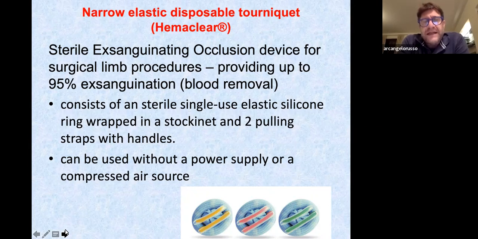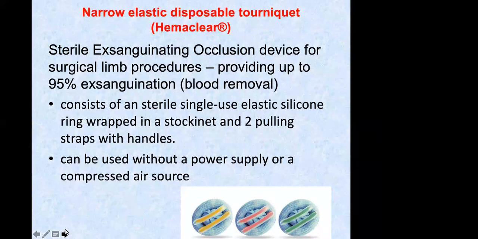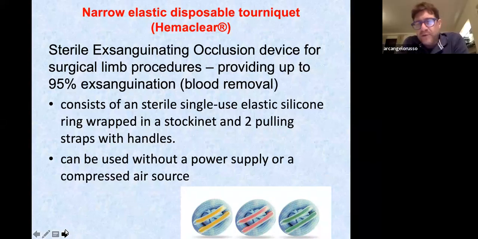It is very easy to use because it consists of a sterile single-use elastic silicone ring wrapped in a stockinette and two pulling straps with handles. Sometimes there are 4 straps and handles for the black and white, for the biggest. It can be used without a power supply or a compressed ice source.